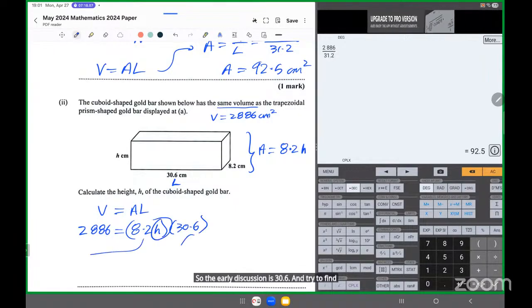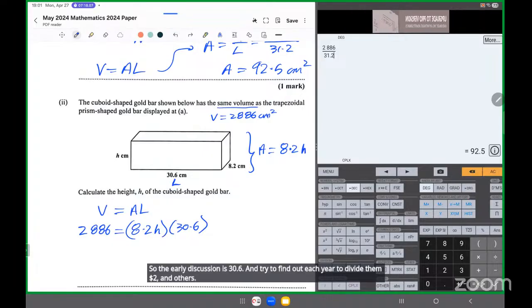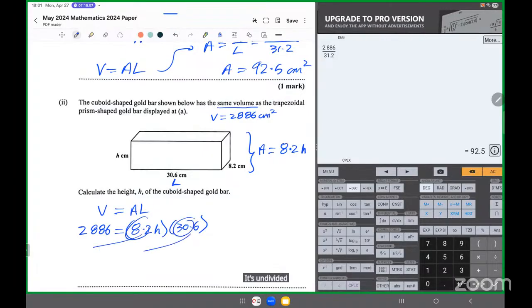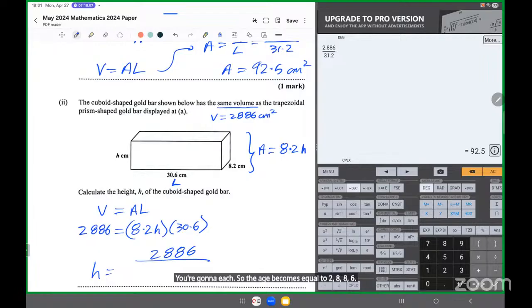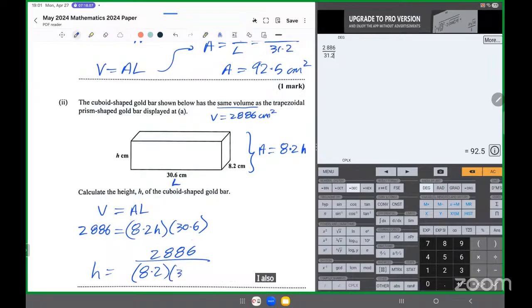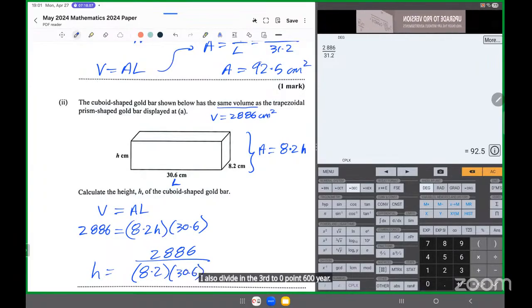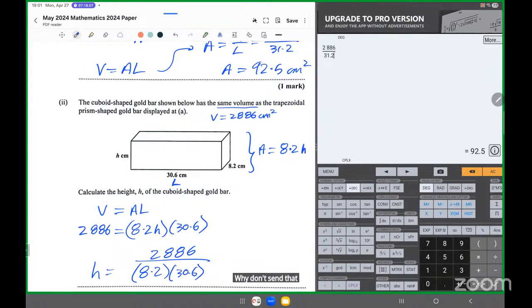Divide the 8.2 under the 2886, and divide the 30.6 under there as well, leaving H as the subject.